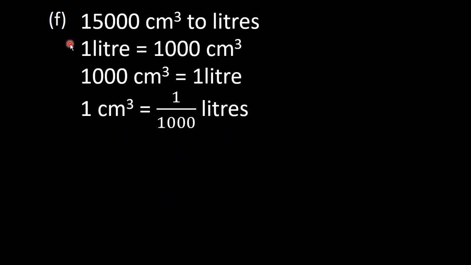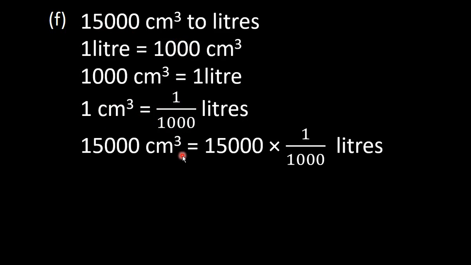Now, here I have 15,000 cubic centimeters. If 1 cubic centimeter is equal to 1 over 1,000 liters, what about 15,000 cubic centimeters? So I am simply going to multiply the 15,000 by this one. That is 15,000 times 1 over 1,000 liters.